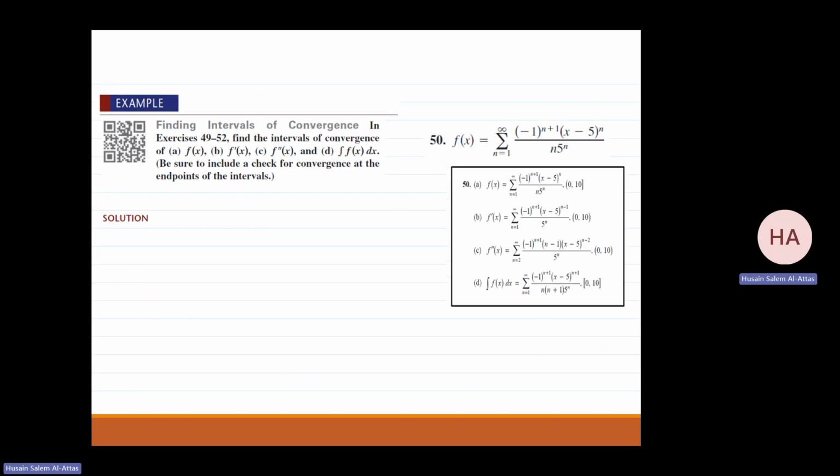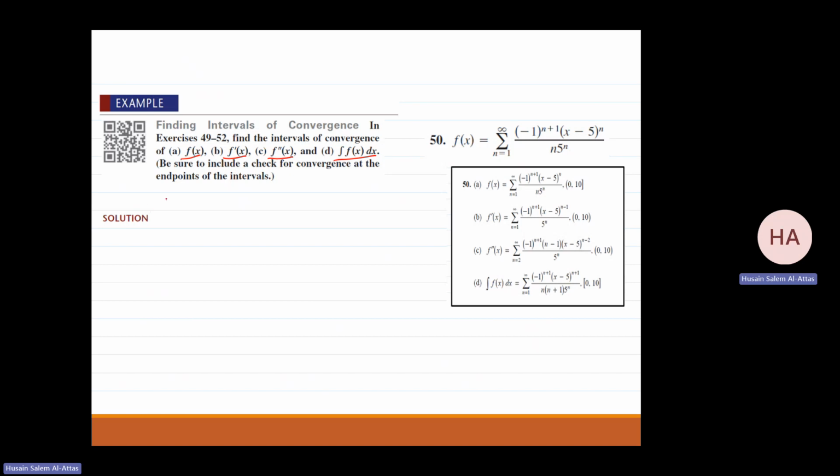Finding the interval of convergence for another function. I want to do f prime, f double prime, and the integral. Okay, so I will do f.